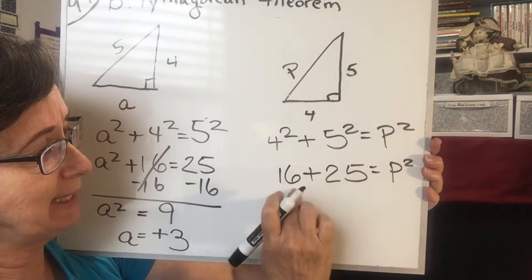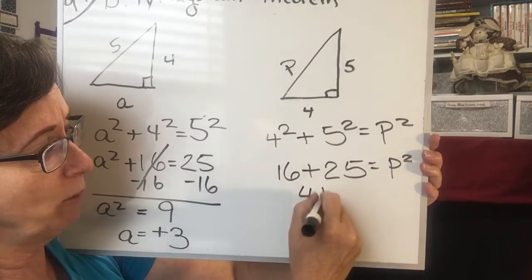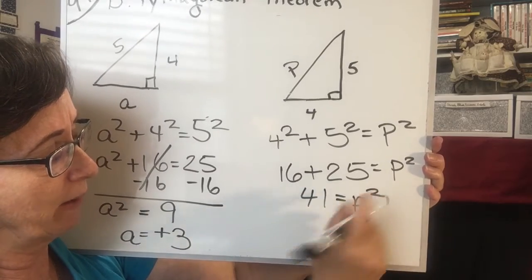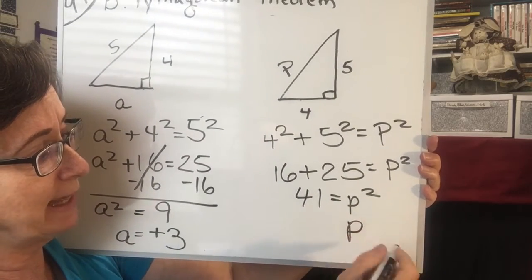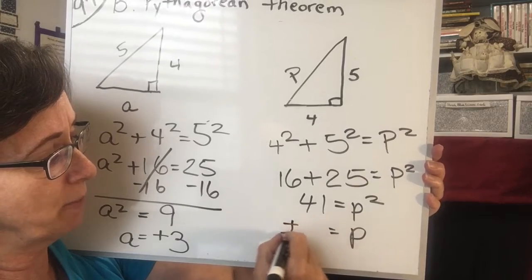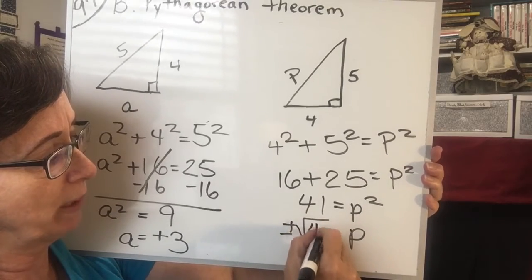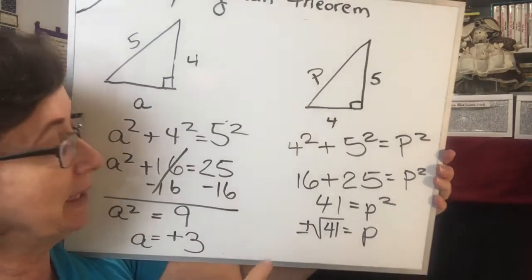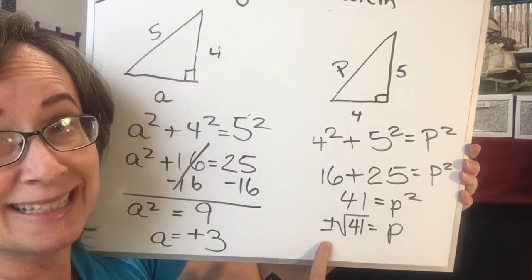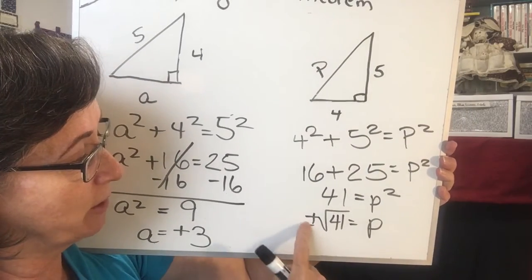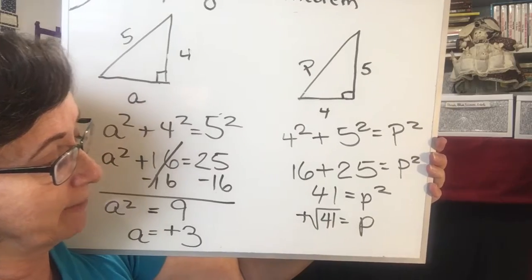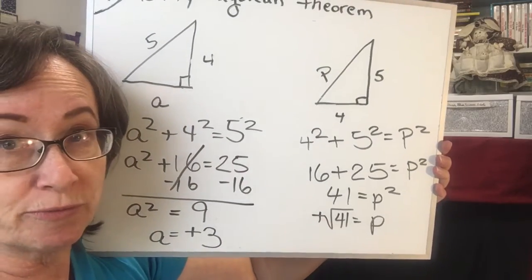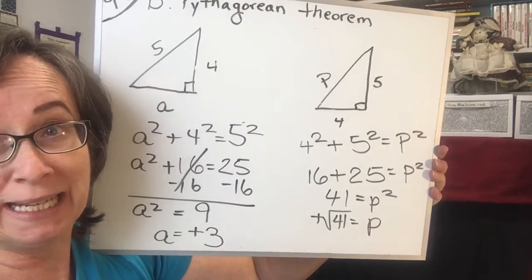Well, when we add these together, we're going to get 41 is P squared. P is therefore going to be plus or minus the square root of 41. However, because we're talking about a side length, we are going to erase the negative. So positive square root of 41 is our P length.